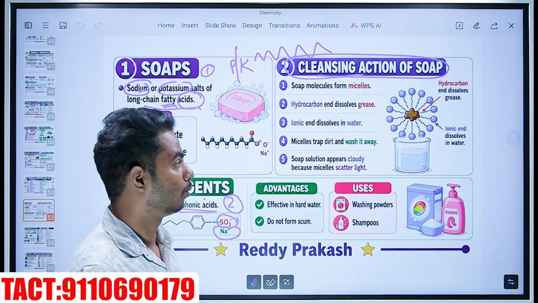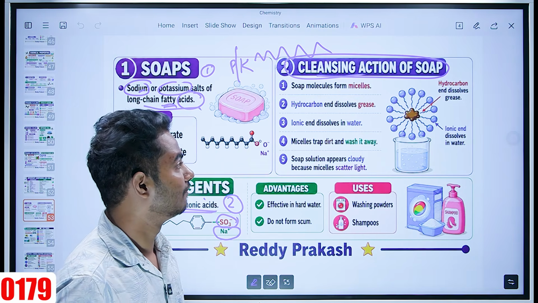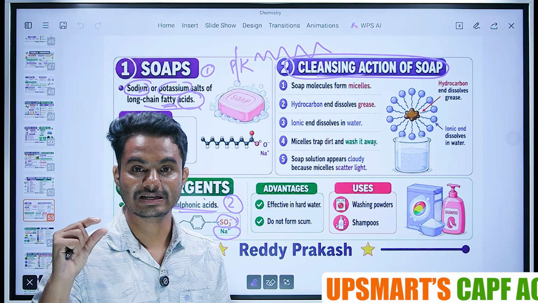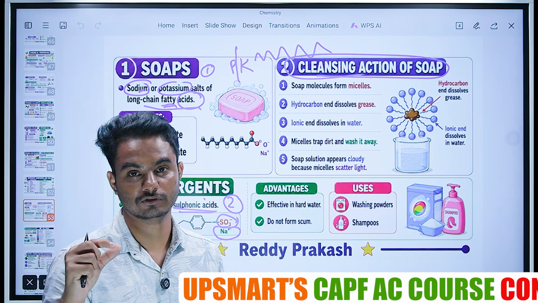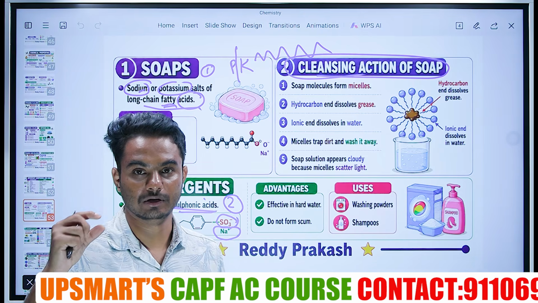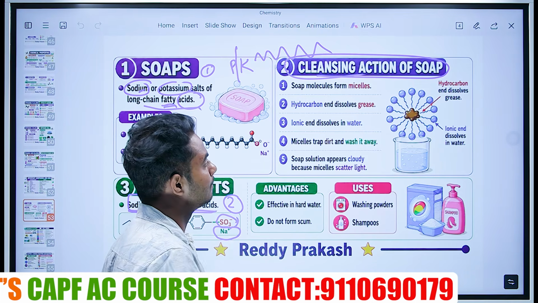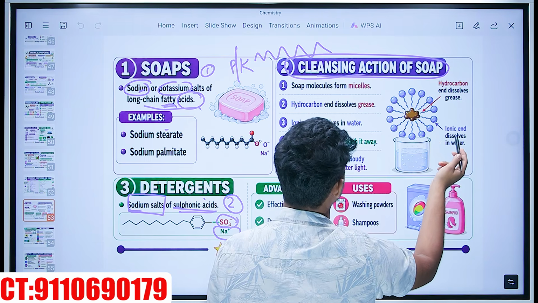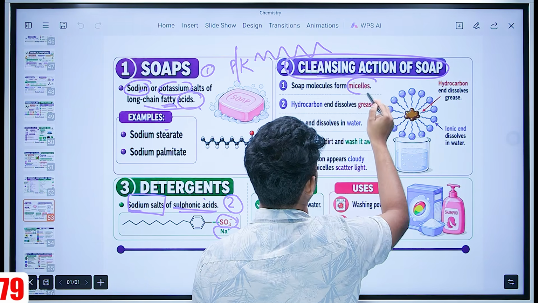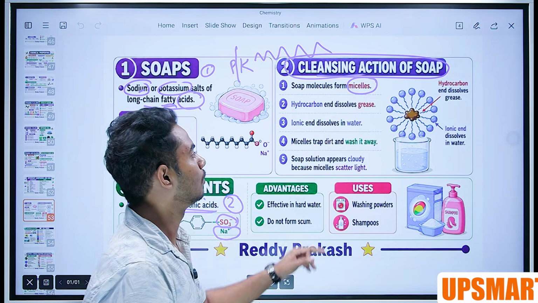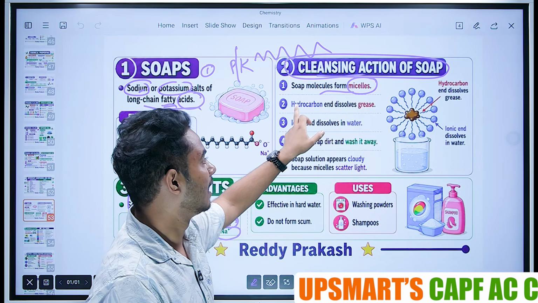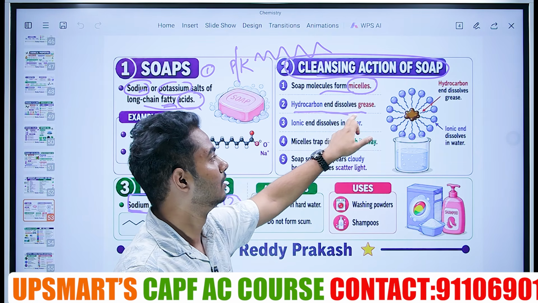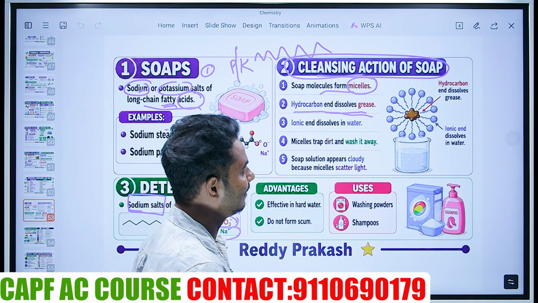Soap process. What happens in the soap is, when a soap molecule is used, micelles, meaning tiny compounds, separate from the soap. Those tiny compounds are called micelles. Soap molecules form the micelles. There will be two ends.